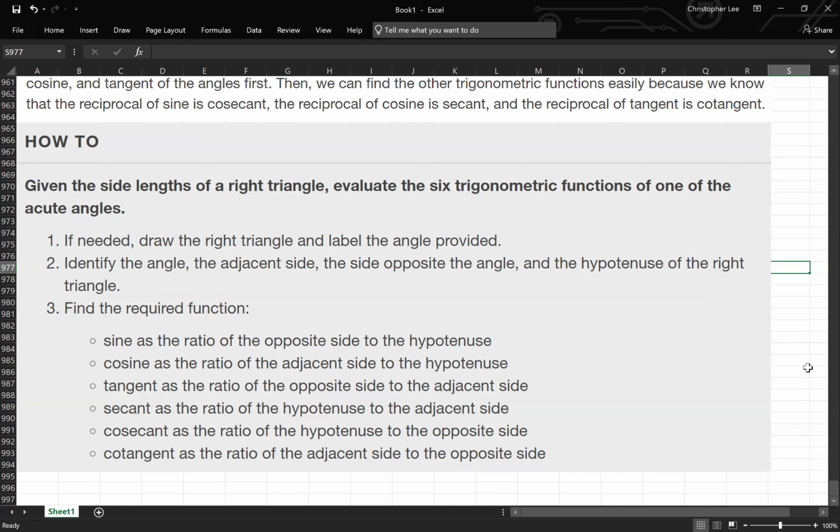So we have sine as a ratio of the opposite side to the hypotenuse, cosine as a ratio of the adjacent side to the hypotenuse, tangent as a ratio of the opposite side to the adjacent side, secant as a ratio of the hypotenuse to the adjacent side, cosecant as a ratio of the hypotenuse to the opposite side, and cotangent as a ratio of the adjacent side to the opposite side.